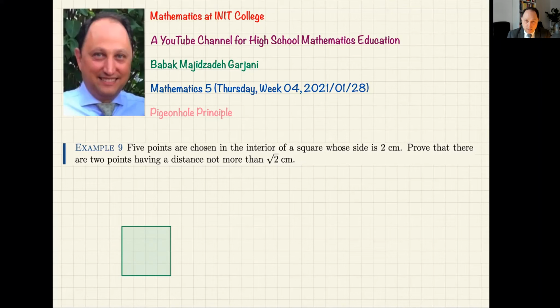Usually the words "at least" and "randomly chosen" are actually ignored in the statement of these problems. This is always the case. So we choose 5 points here. It doesn't matter if I do it randomly. Then definitely there is a pair whose distance from each other is not more than square root of 2.